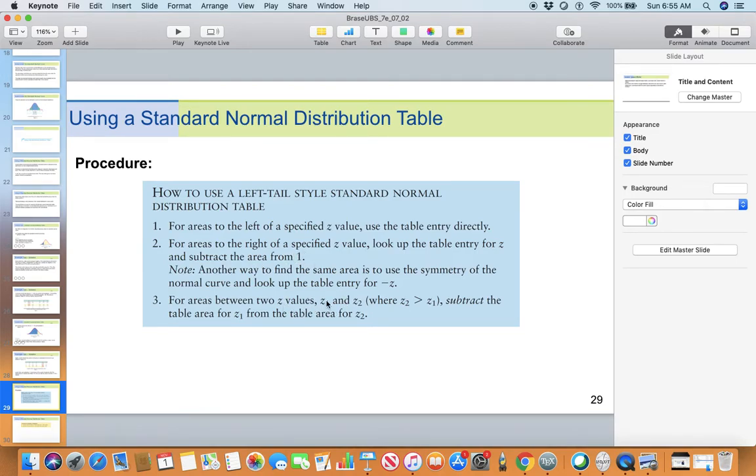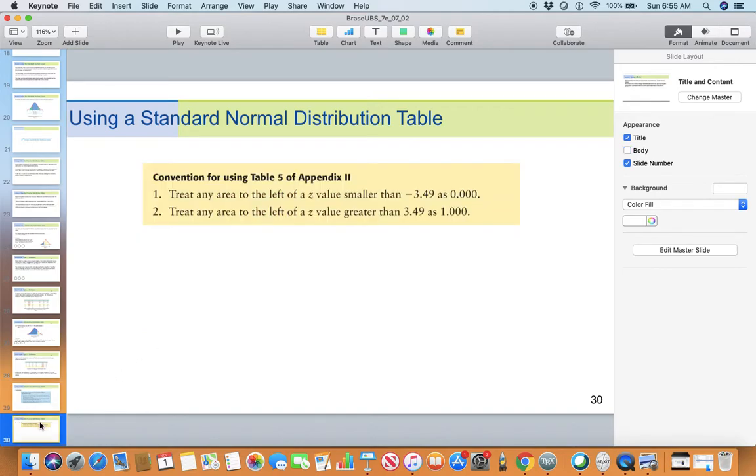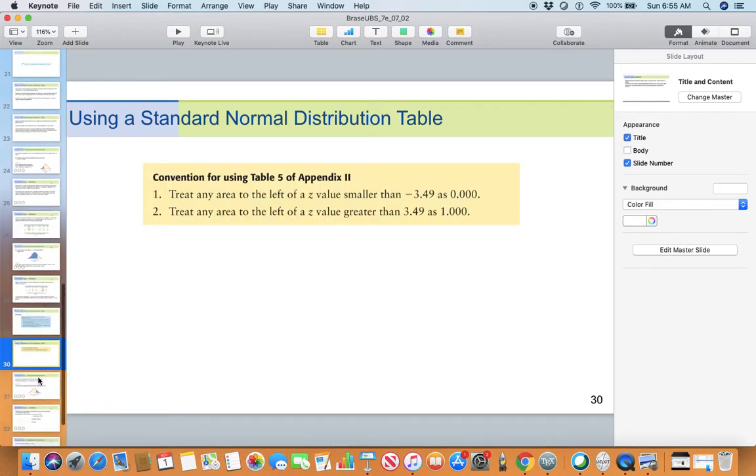For areas between two values, from the bigger area, take away the smaller area. All right. Take any area to the left of a Z value smaller than negative 3.49 as 0, and a Z value greater than this as 1. Okay. These are the limits of our table.